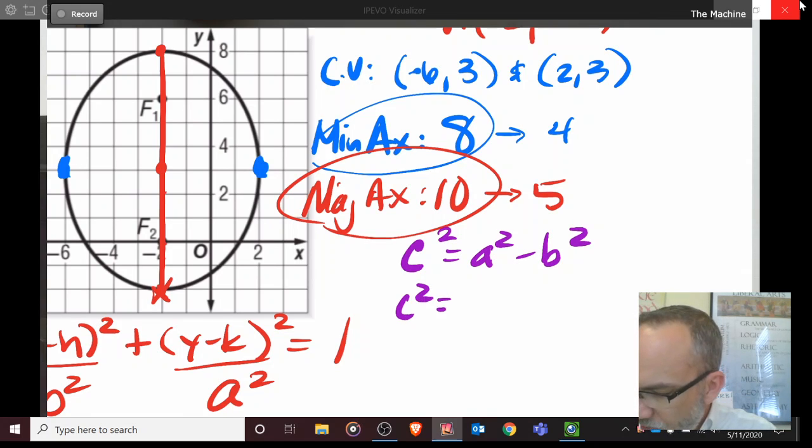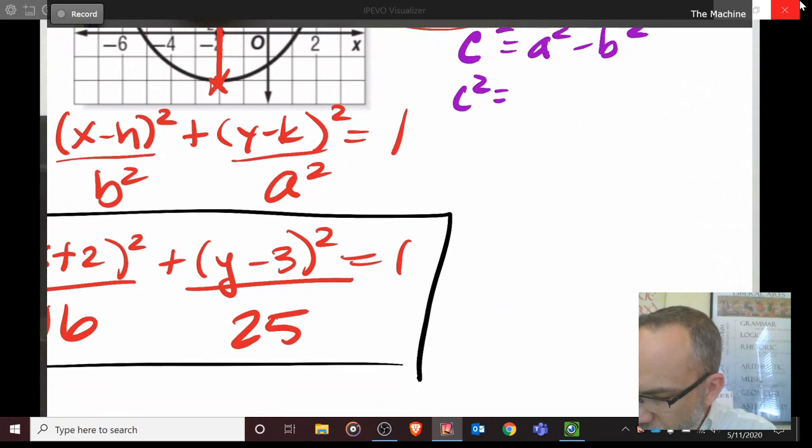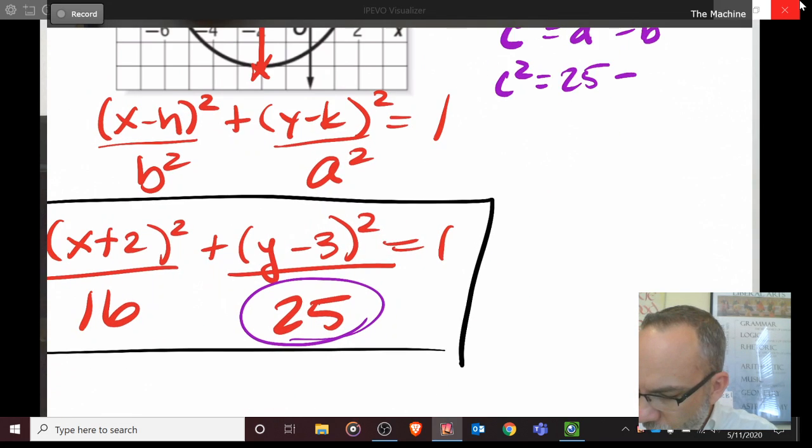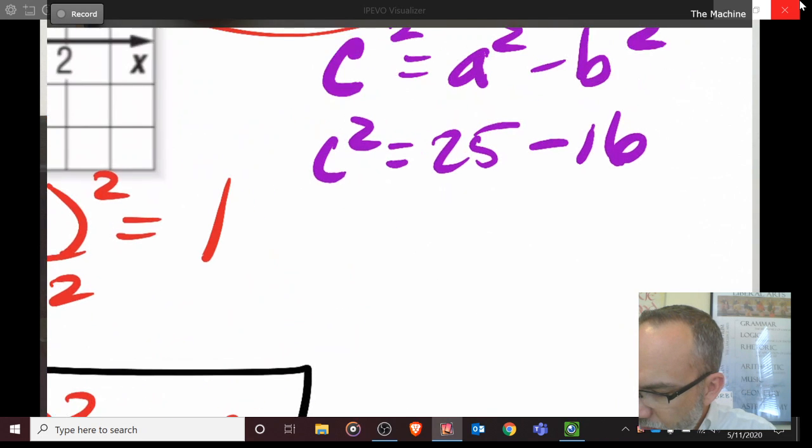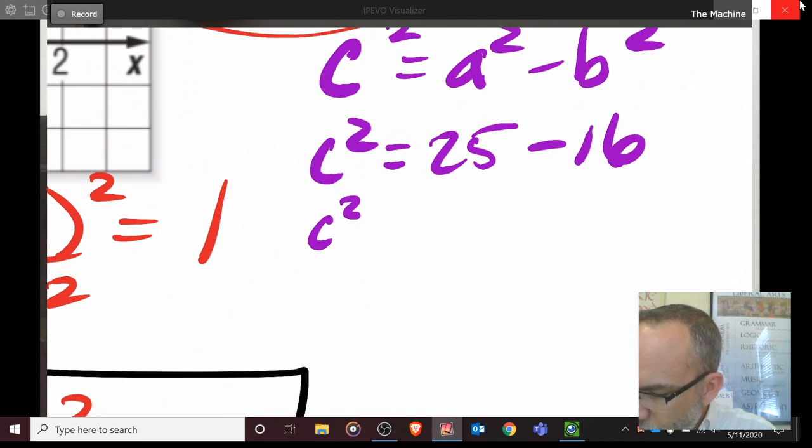Take the bottom one here, the bigger one, 25, minus the other one right there, 16. What's 25 minus 16? Oh, look at that. Is it 9? 9. So c is equal to 3.